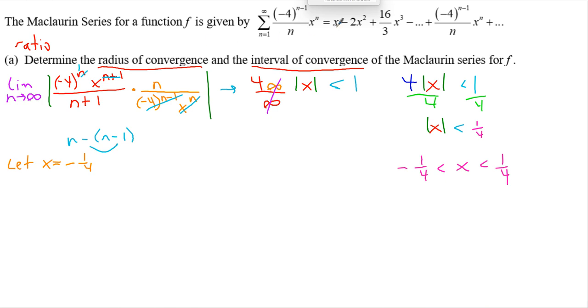Back in the original one right here. So that would be the sum from n equals 1 to infinity of -4 to the n minus 1, times x to the n, and that's where we're going to plug in the -1/4, over n.